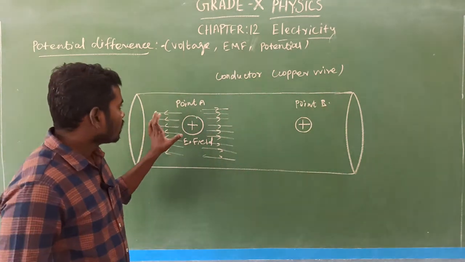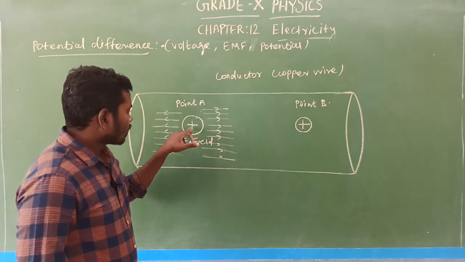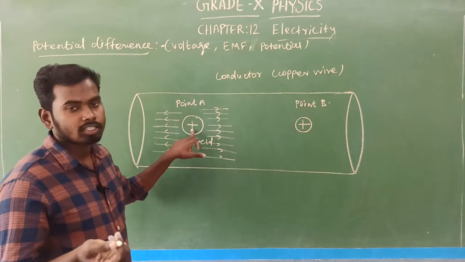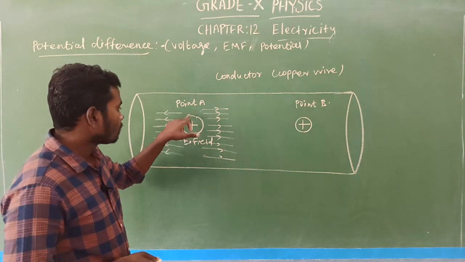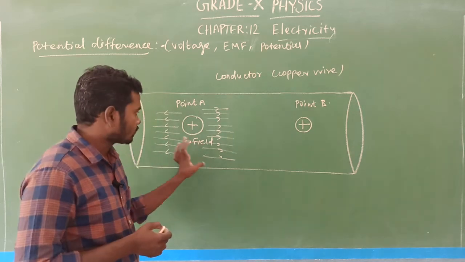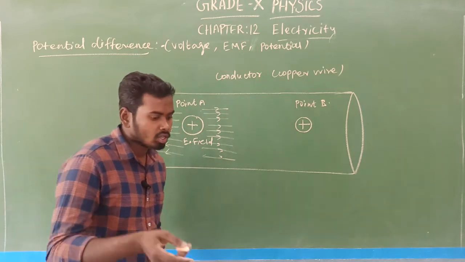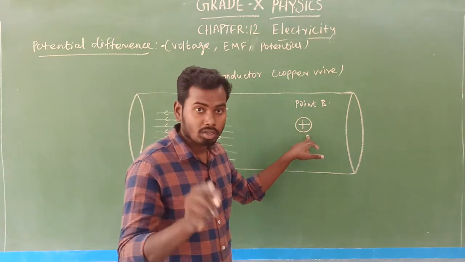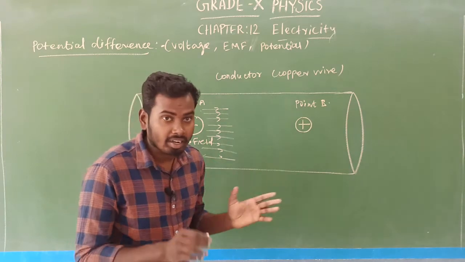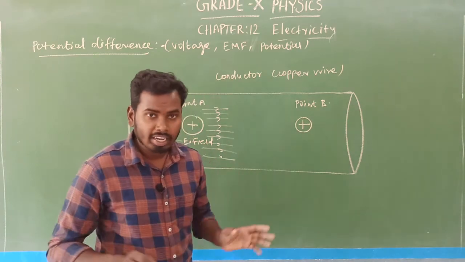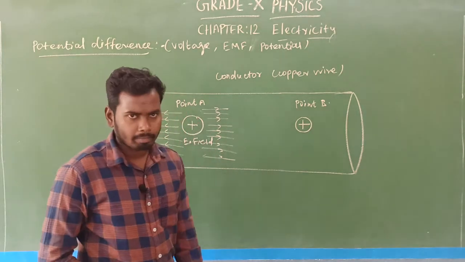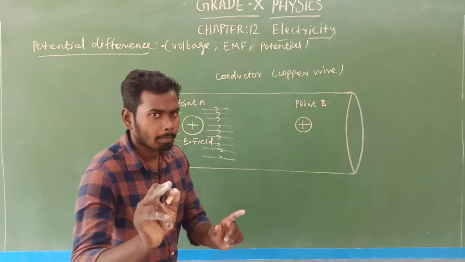Yes. Look here. Consider the copper wire, and a positive test charge placed at point A. This charge creates an electric field around it. Consider another same positive charge placed at point B, not at infinity, at some distance from point A. Is it clear?